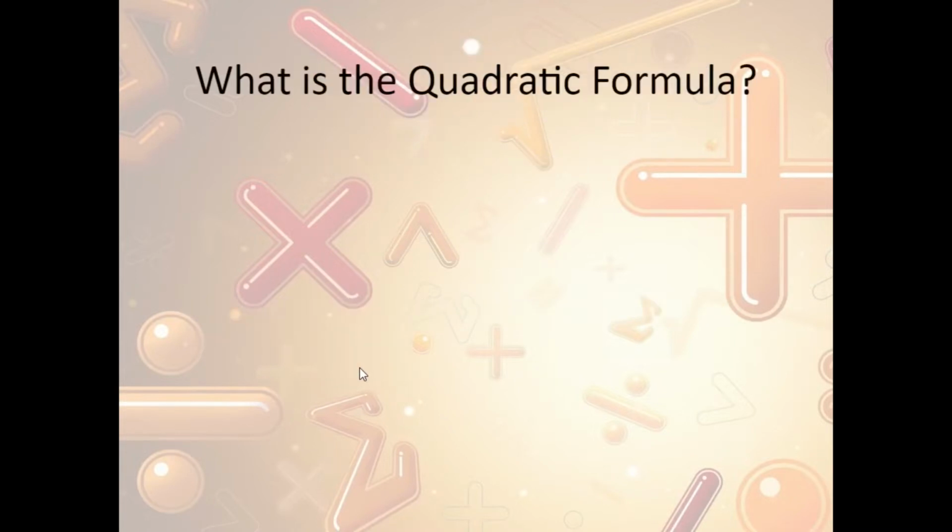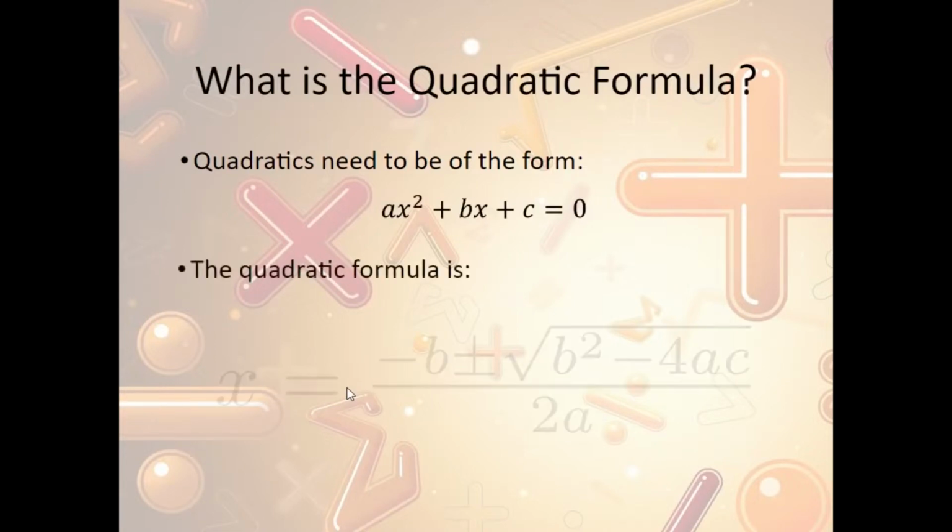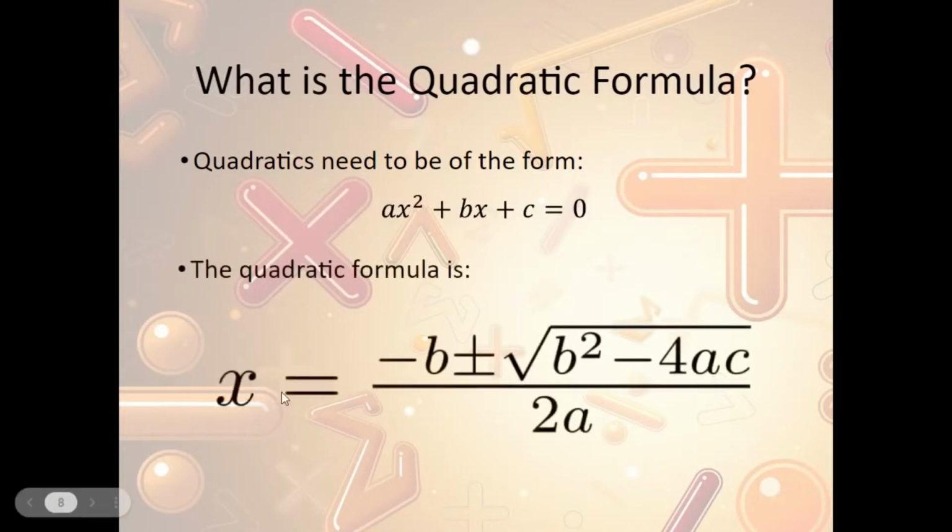So what is the quadratic formula? Quadratics will always appear as ax squared plus bx plus c equals 0. And from that, we can create the quadratic formula, which says this: x equals negative b plus or minus the square root of b squared minus 4ac all over 2a.